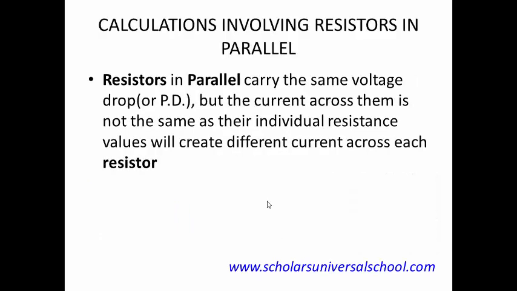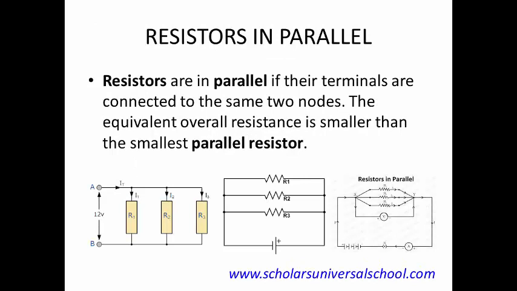Now, like we noted some things in the series connection of resistors, we said that in series you have the same current but different potential difference across each resistor. For your parallel connection, you have different current flowing through each of these resistors: through resistor R1, resistor R2, and R3.